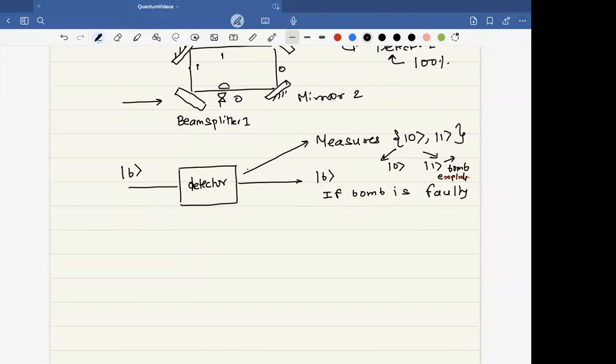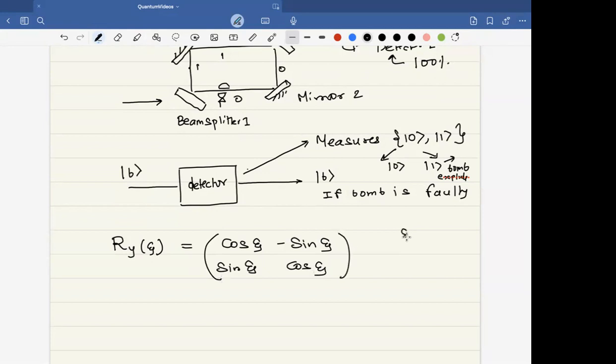So what we do is apply the rotation Ry of epsilon, which is equal to the matrix cos epsilon, minus sine epsilon, sine epsilon and cos epsilon. So epsilon is a small number, epsilon much less than 1. And we apply it to the ket 0 vector.